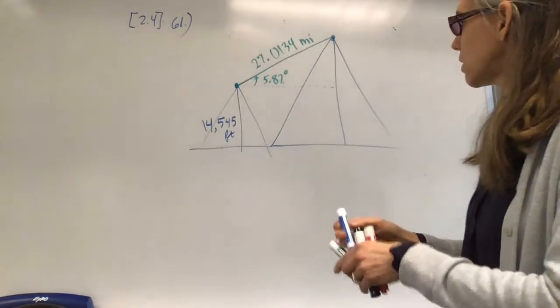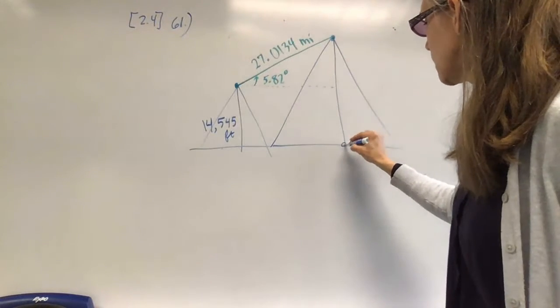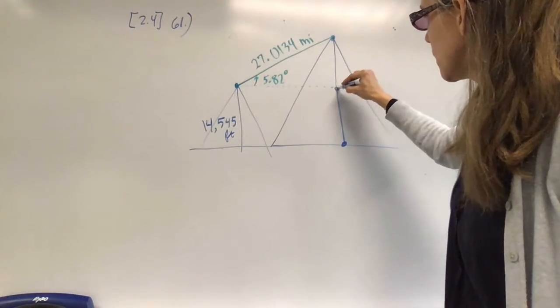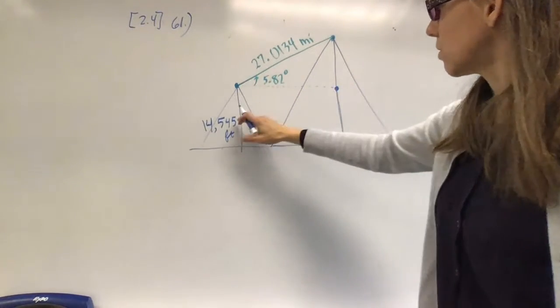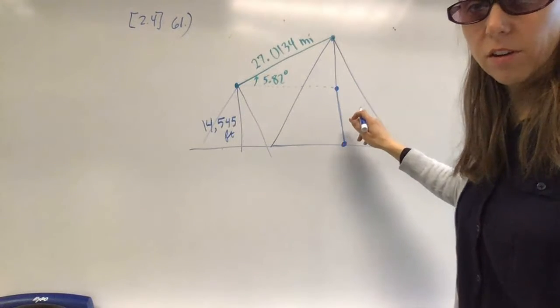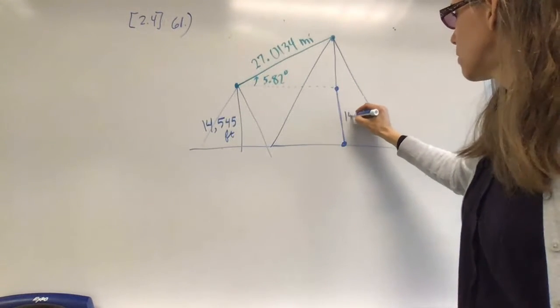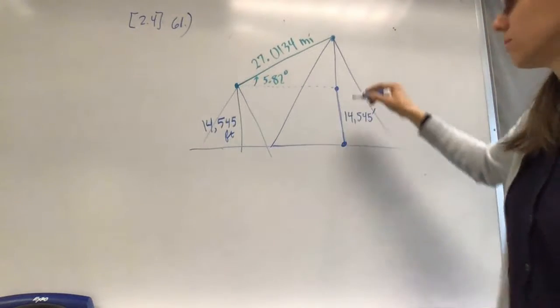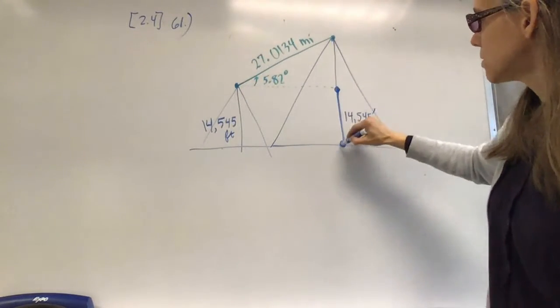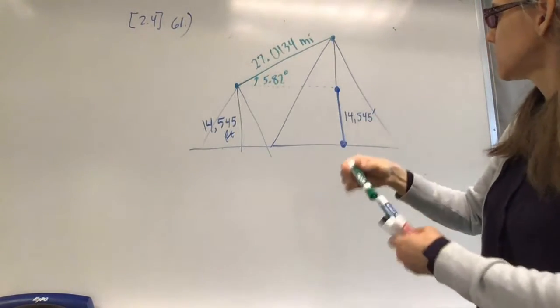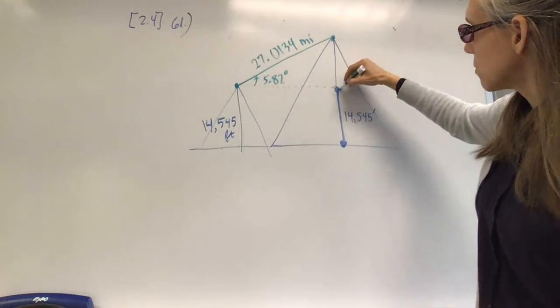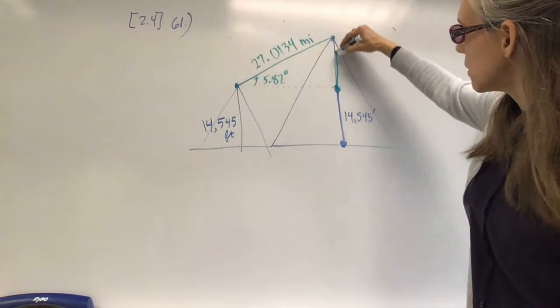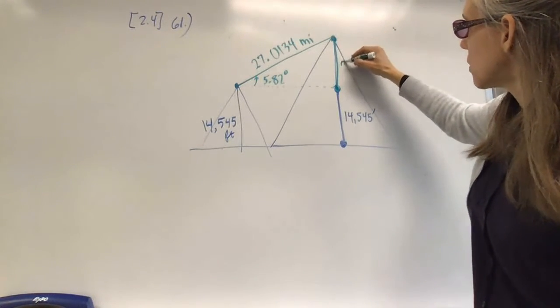So from this point to this point, this is also going to be the 14,545. So I have 14,545 right here. So the mystery is the distance from this point to this point. So I'm going to call that x.